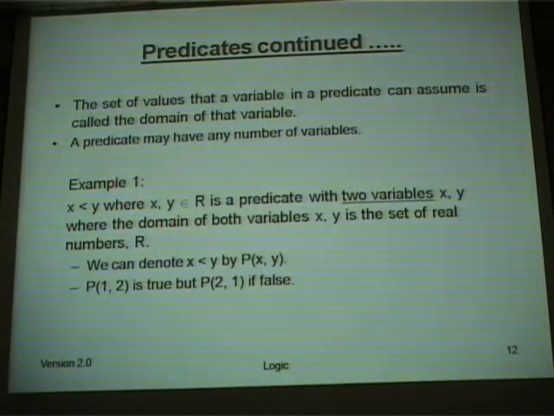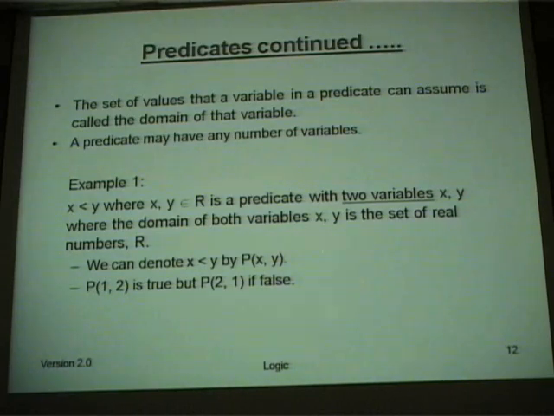Now x less than y is a predicate. The predicates are given using variables. Since the predicate uses variables, you should know what values x and y can have.